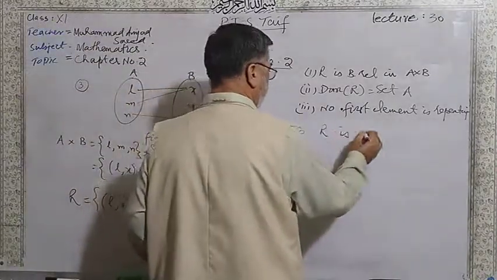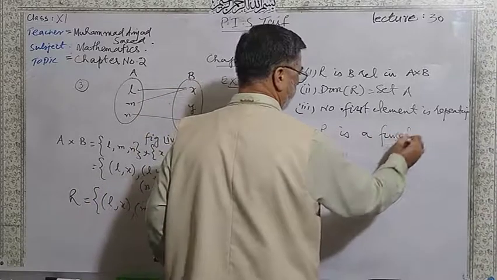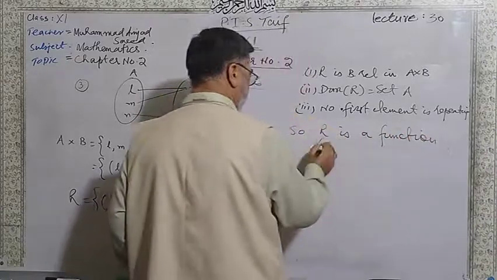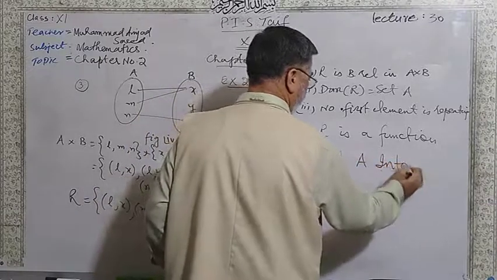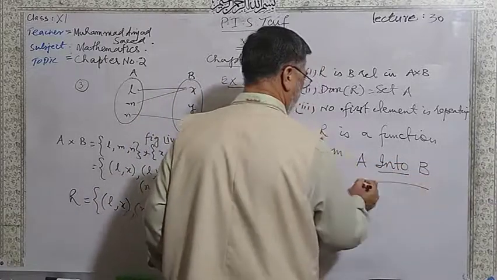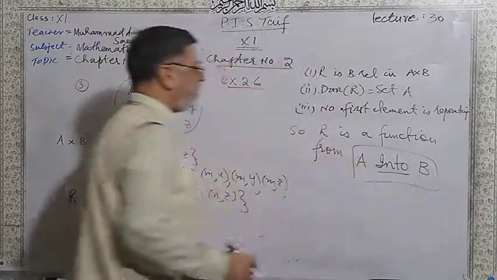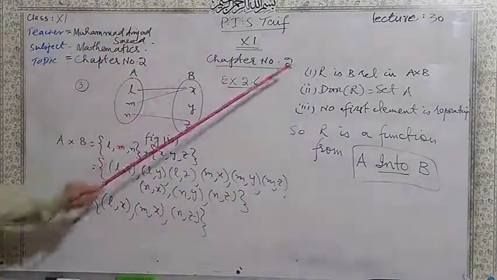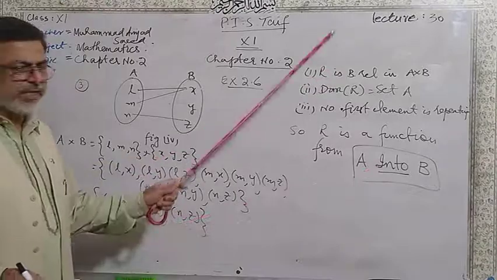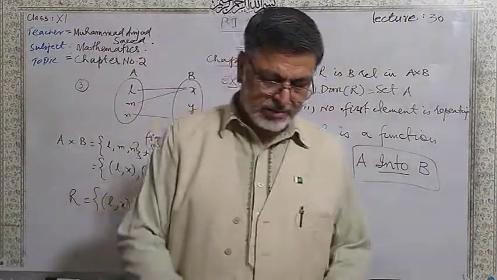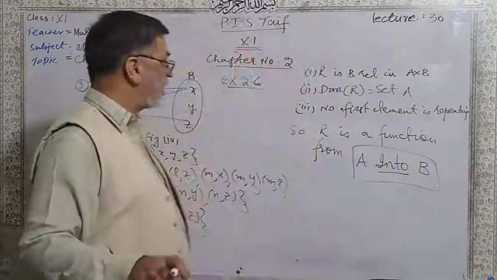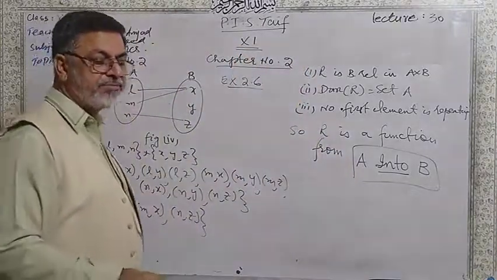So, R is a function from A into B. That is your solution. 3 conditions were satisfied. This R is a function from A into B.